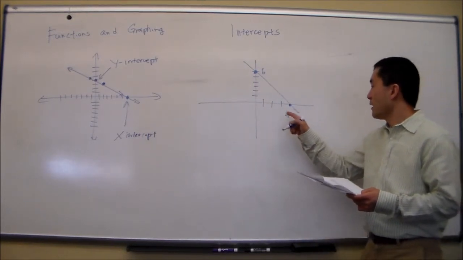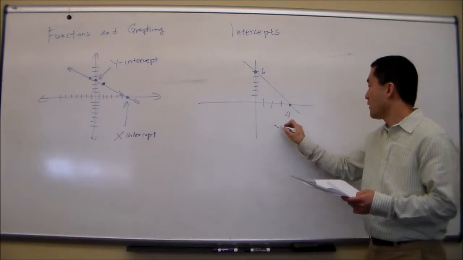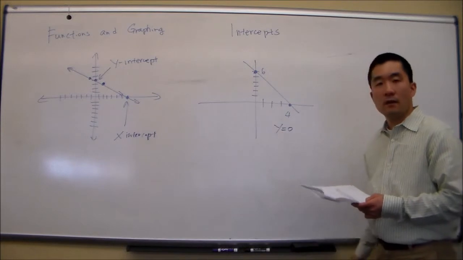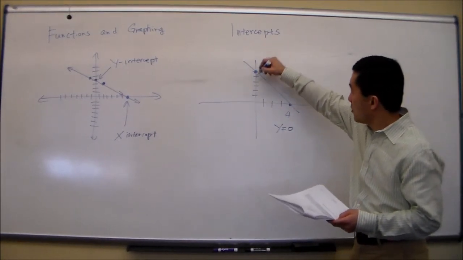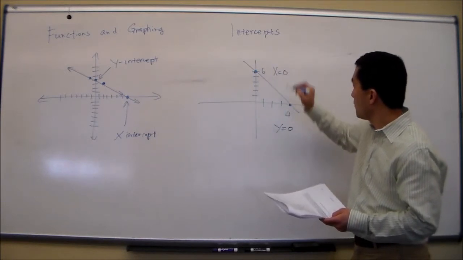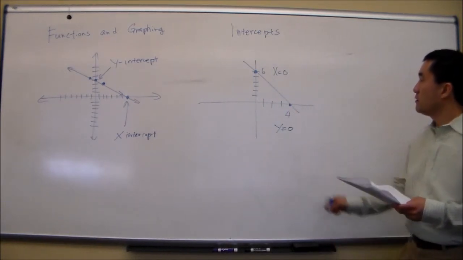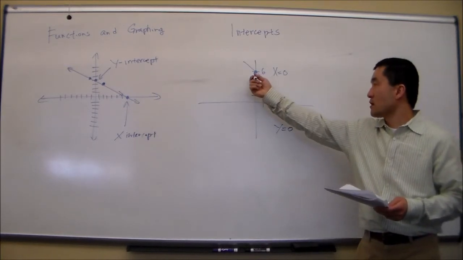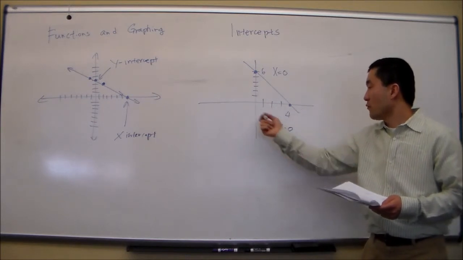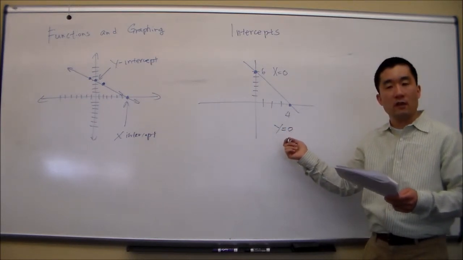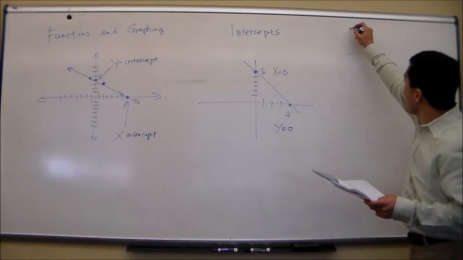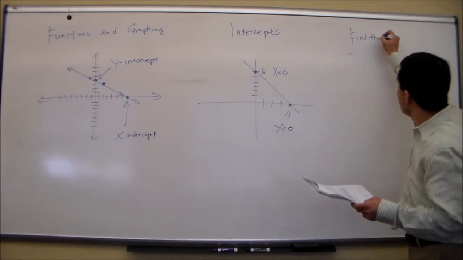If you think about it, any point here, the y value will be 0 because it's always going to be on this line. Similarly, for any point on this vertical line, what's the value of x? Well, x is always 0. So we're going to use this fact: if it's a y-intercept, x is always 0. And if it's an x-intercept, the y value is always 0. We use that to advantage to figure out the intercepts. So find the intercepts.